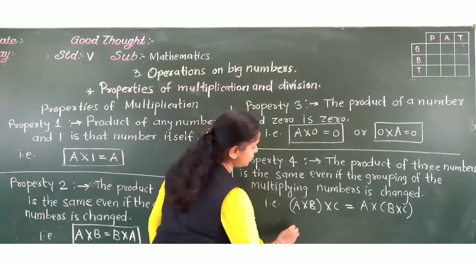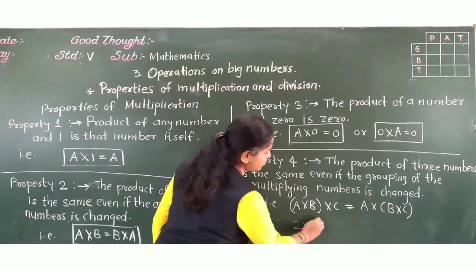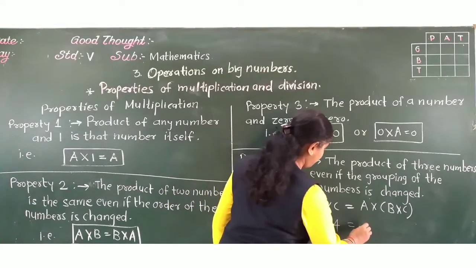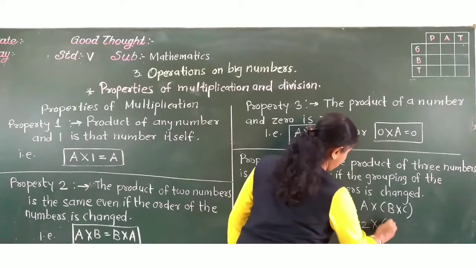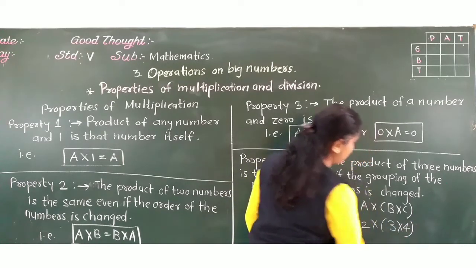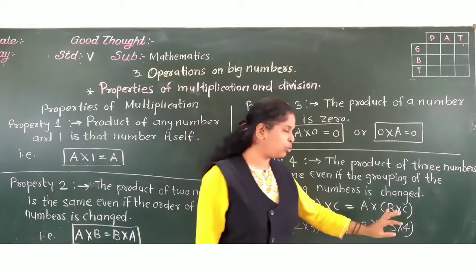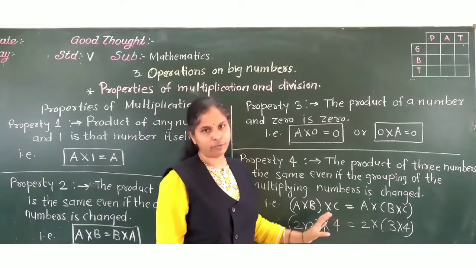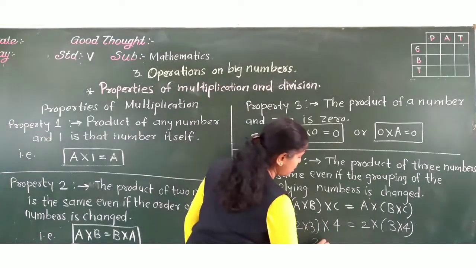See here, suppose 2 into 3 into 4 is equal to this. I took the numbers. Now see, 2 into 3 is 6, and 6 4s are 24. Here we get the answer 24.